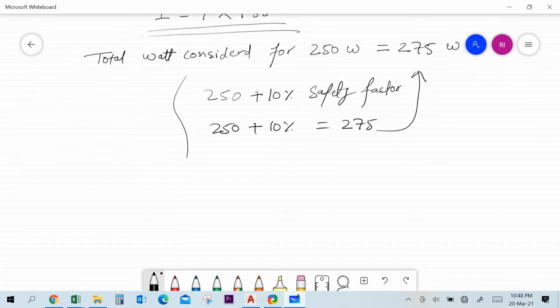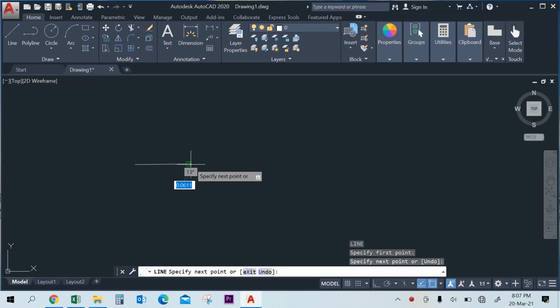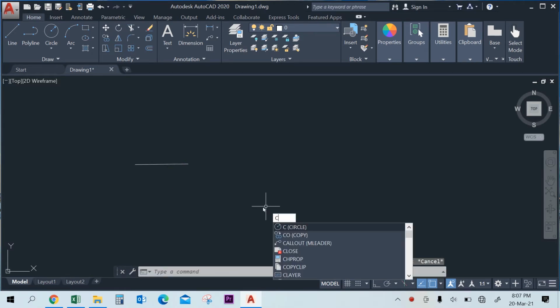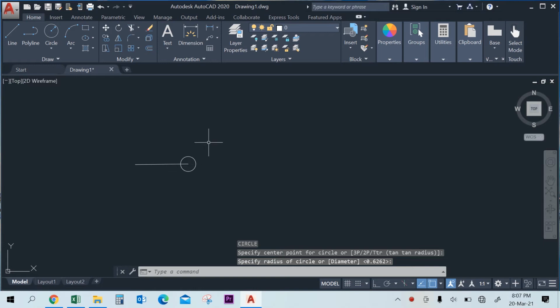Yeah, this CAD is open now, and here I am showing you how to calculate. First I make a rough drawing for you for street lighting. Let me draw. Let us suppose this is a street light.